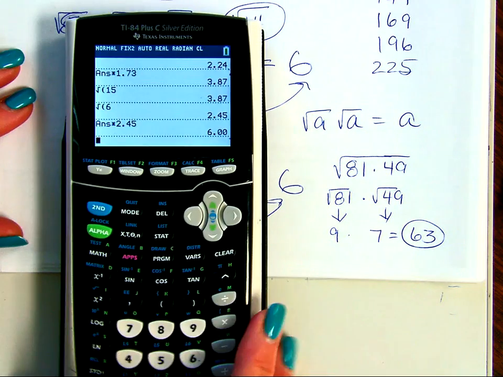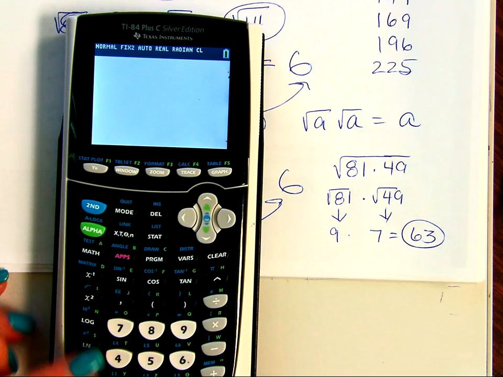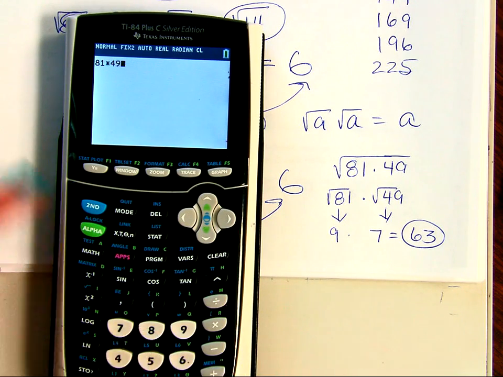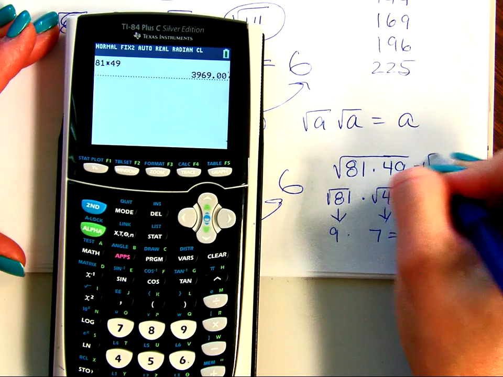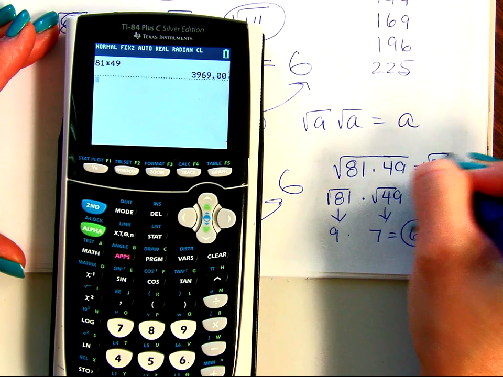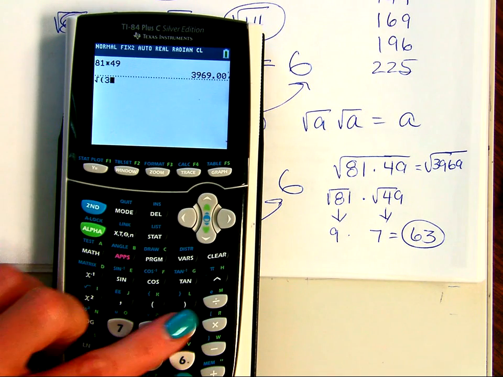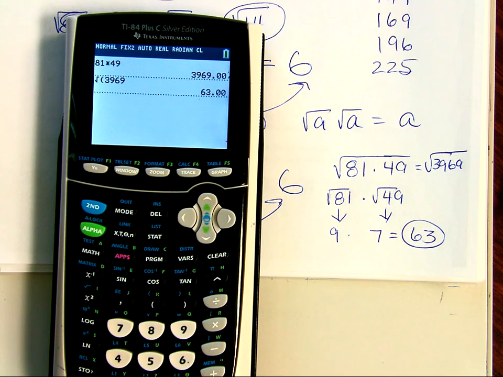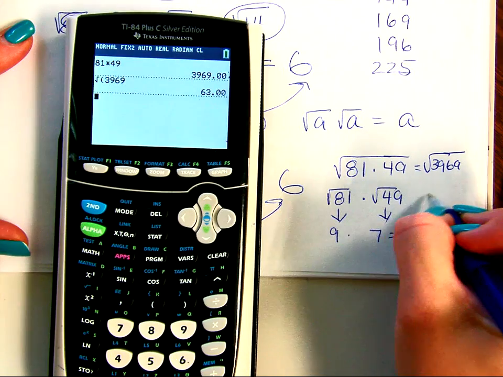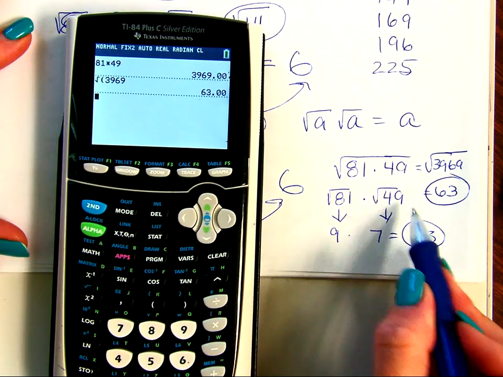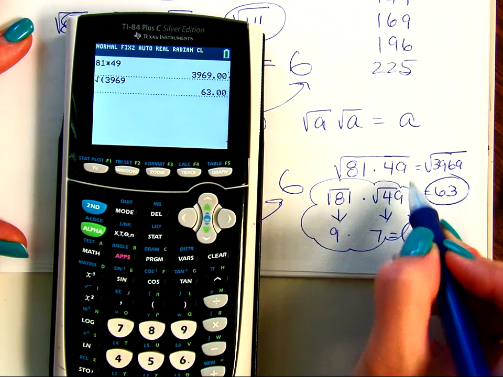If I would have chosen to just do it in my calculator, 81 times 49 gives me 3969, and then if I were to take the square root of that, I'd still get 63, right? But wasn't this way a little easier to kind of break it down?